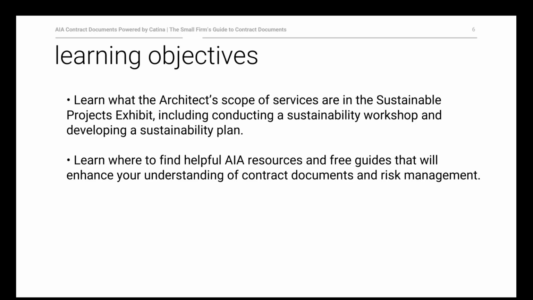And that includes, among other things, the architect's responsibility to conduct a sustainability workshop and develop a sustainability plan, and how all of that rolls up to the ultimate objective of achievement of the sustainable objective for the project.